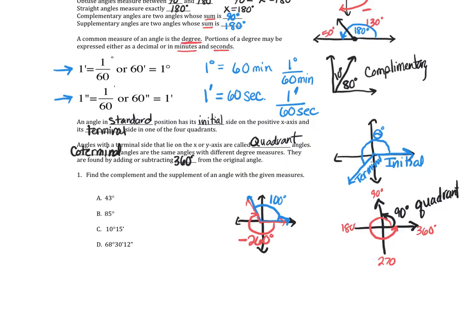And a way that we can find a coterminal angle is by either adding or subtracting 360 to the number. So in this case, if I started with my first angle, 100 degrees, if I subtract 360 degrees, then I have a coterminal angle that's negative 260 degrees. If I wanted to start and stop at the same location, but make a full revolution, I would go around to 100, and then continue around again and stop in the same terminal line, that would be equivalent to 460 degrees.